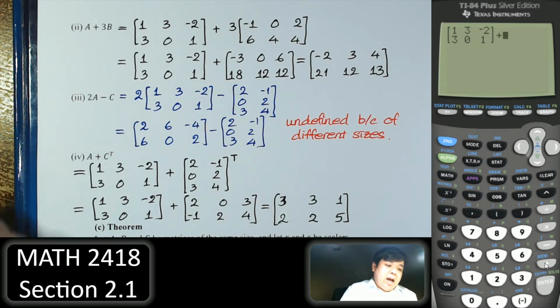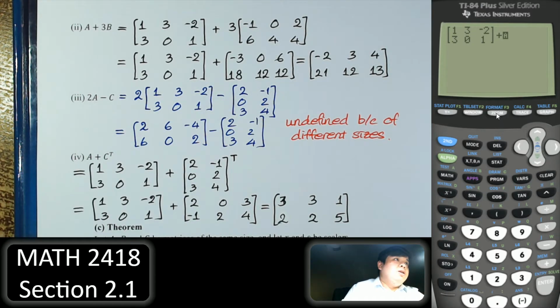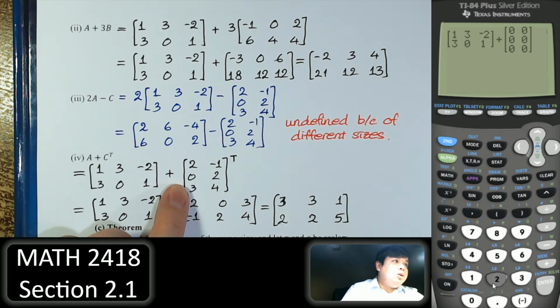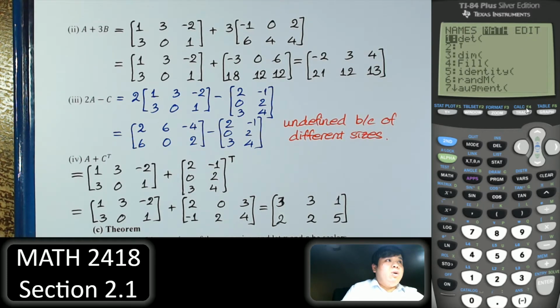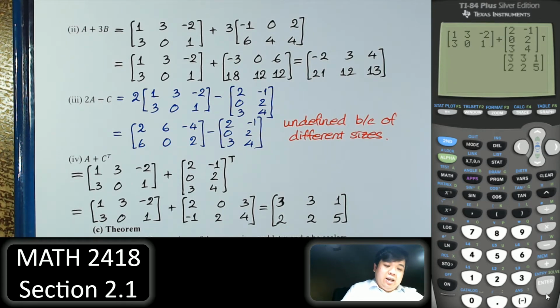And then plus, I'm just going to enter this and then transpose. 3 rows, 2 columns: 2, -1, 0, 2, 3, 4, and then transpose. For the second matrix, go to math, and you see on the second one, that is transpose. And that's what we have.